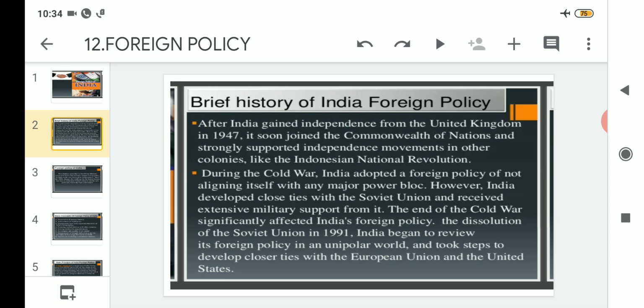review its foreign policy, India needed to make two most essential developments. Number one was to maintain good relations with the USA, because earlier India was maintaining distance. So at this particular moment, it was very much needed that India maintain good relations with the United States of America, as well as the European Union, which was formed at that particular era.